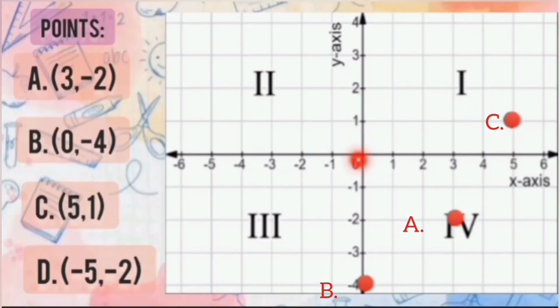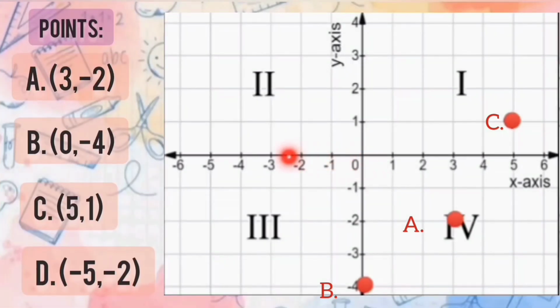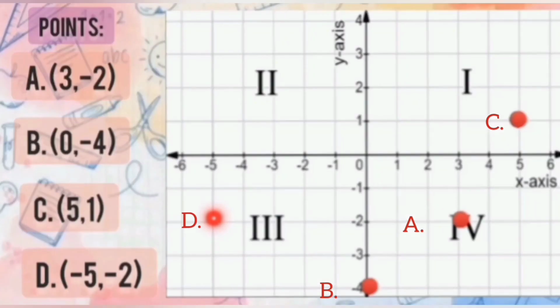For the last point, which is point D, the given coordinates are all negative, which means the location of point D is in quadrant 3. Starting from the origin, we will move 5 units to the left and 2 units down. So that is how to plot a point in the Cartesian coordinate plane.